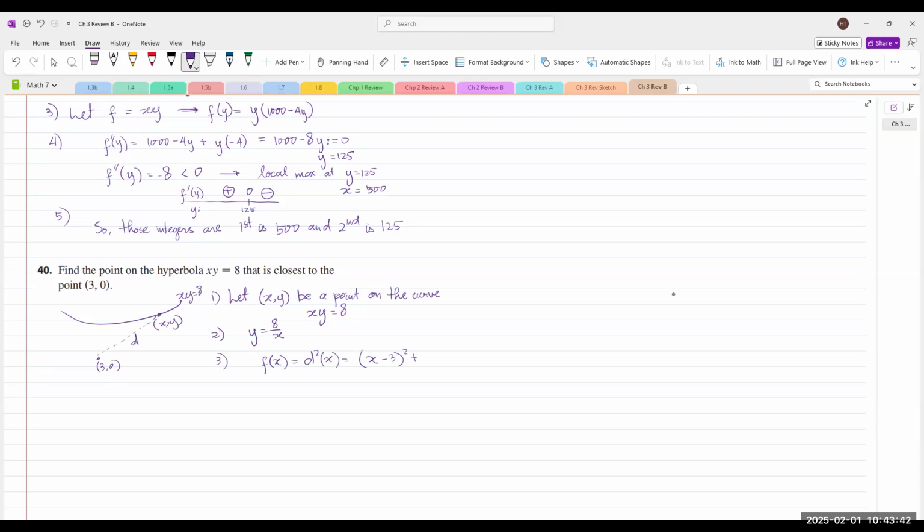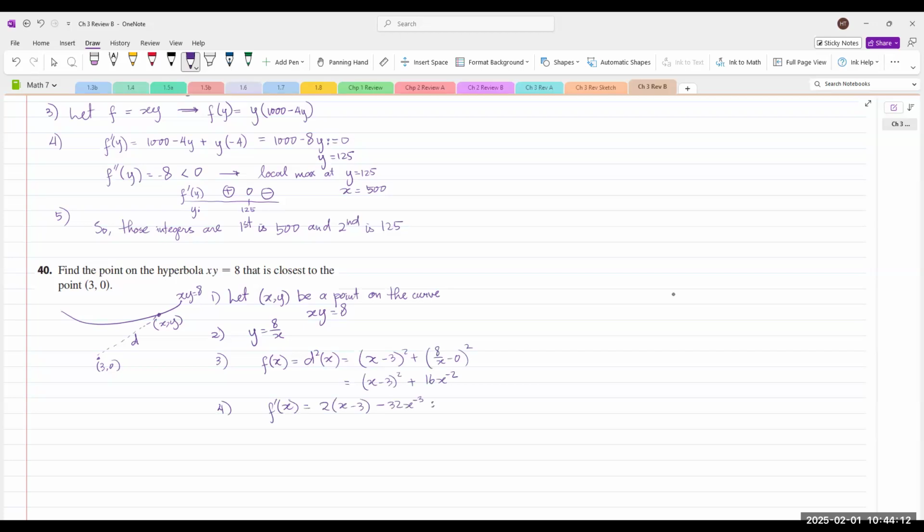The difference in y is just y, but because I square that, it will be (8 over x minus 0) squared. So this will be (x minus 3) squared plus 64x to the negative 2. Now then, the first derivative will be 2 times (x minus 3) minus 128x to the negative 3.